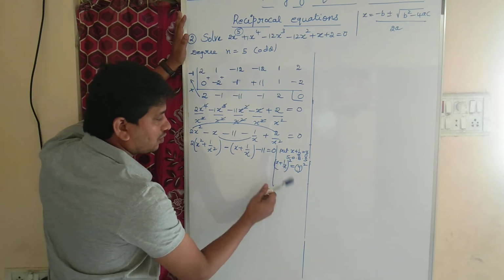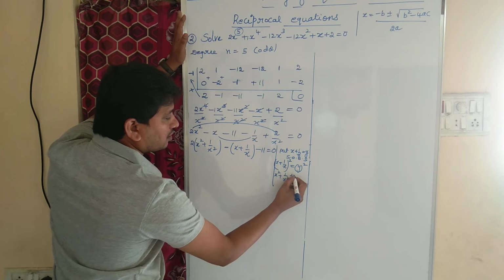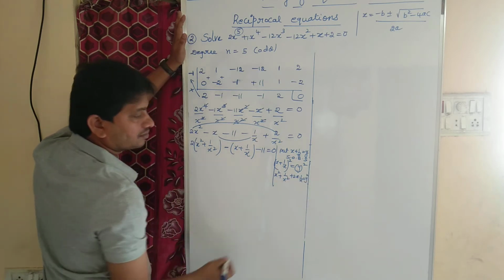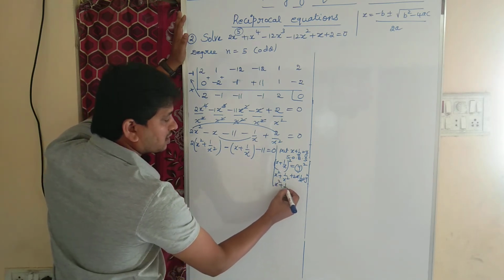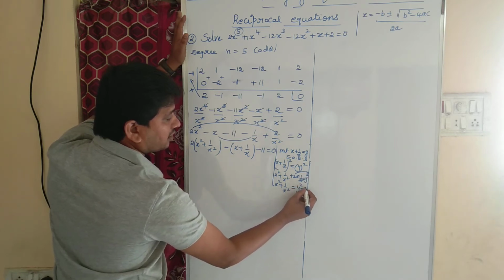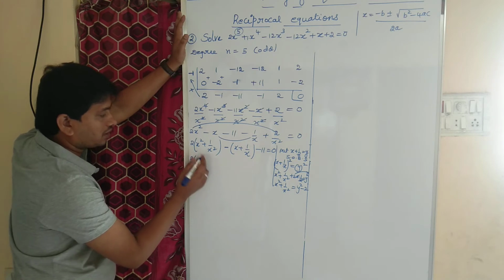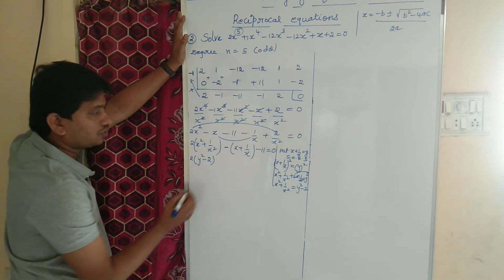a plus b whole square is a square plus b square plus 2ab, equal to y square. The 2 cancels, so x square plus 1 by x square plus 2 equals y square. You will get x square plus 1 by x square equal to y square minus 2. So in place of x square plus 1 by x square, I can write y square minus 2.